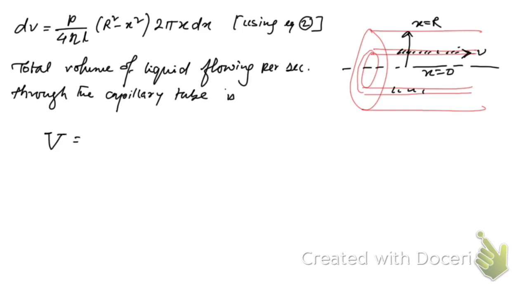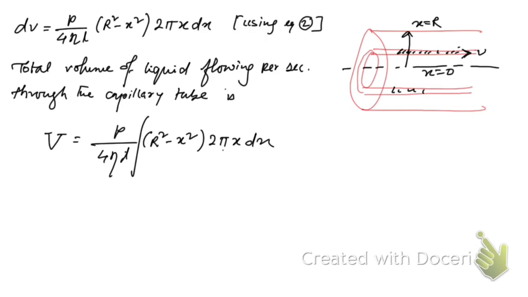V is equal to the integral of P by 4 eta L into (R square minus x square) into 2 pi x dx. Here the 2 pi can be taken outside because it is constant.